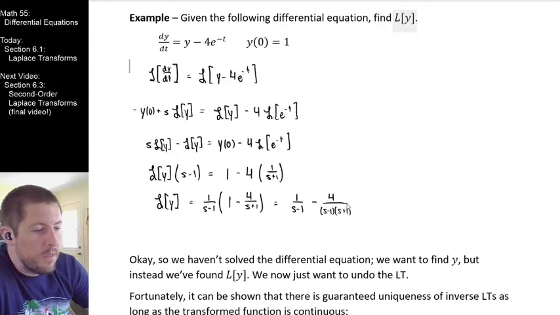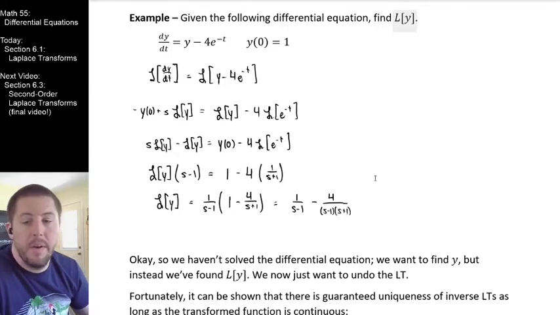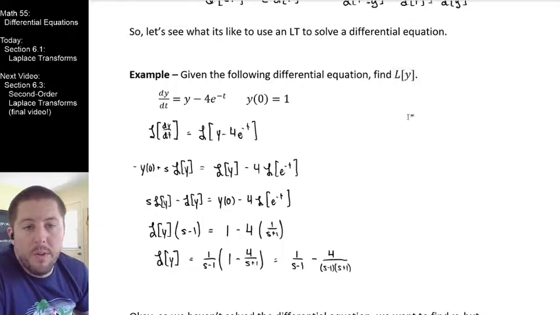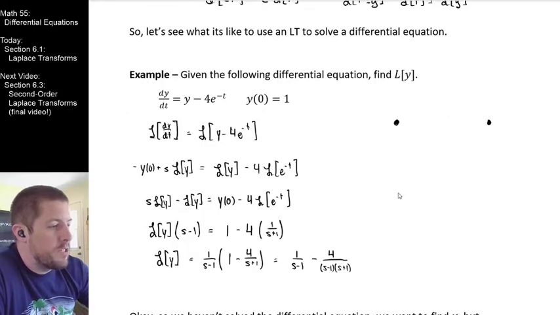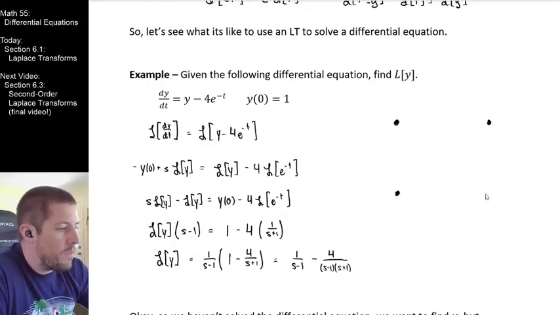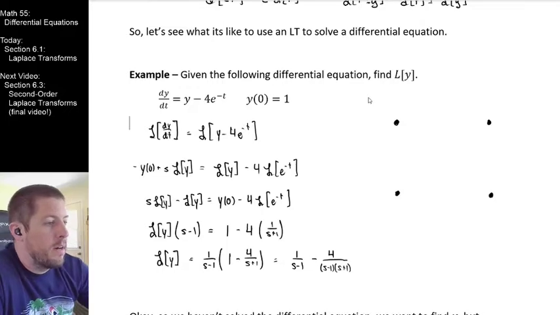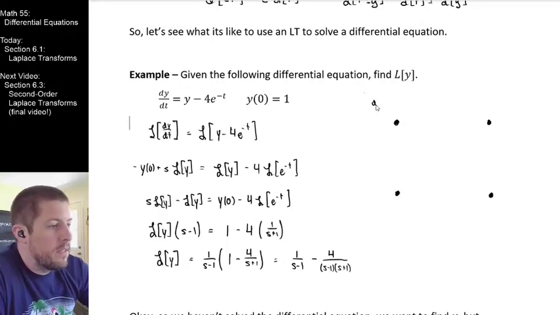So now here's the situation that we're in. We've done almost what we really want to do. And I'm going to draw our diagram right now. That's going to help us visualize what we're doing here. In our diagram here, we're starting with a differential equation in y of t.